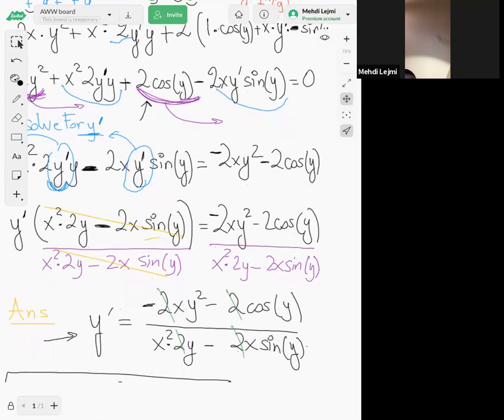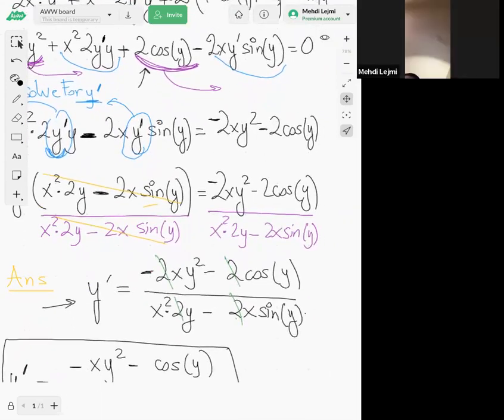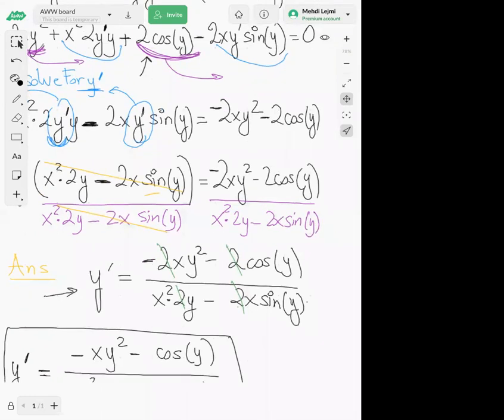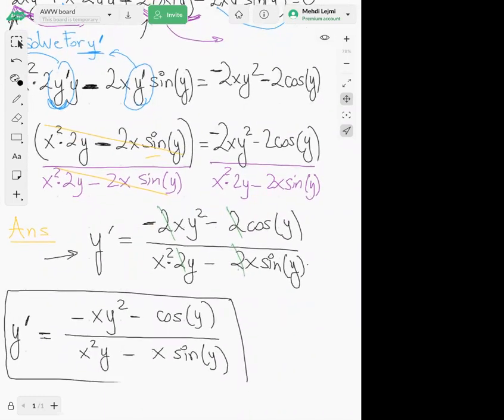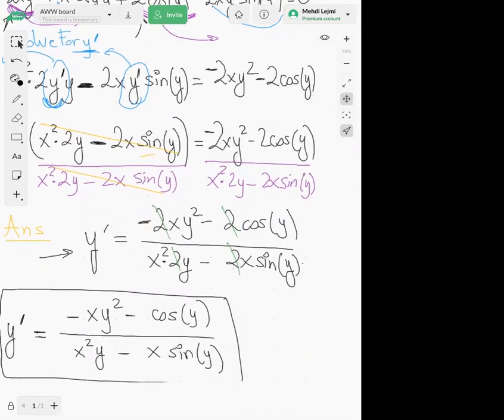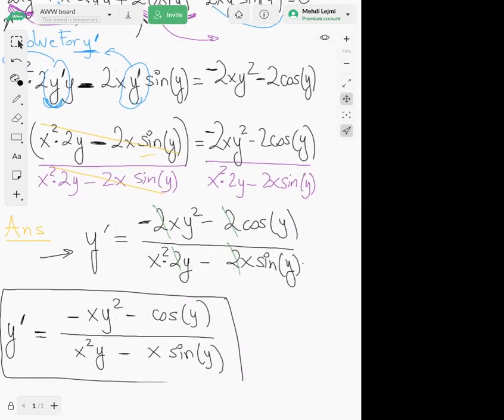That's the right answer. On the top I got the same exact answer, but my bottom I did wrong, because my bottom is 2x squared y minus 2x sine y.